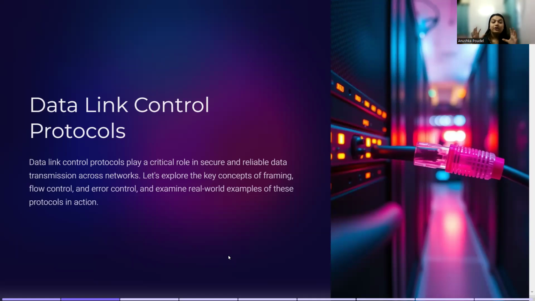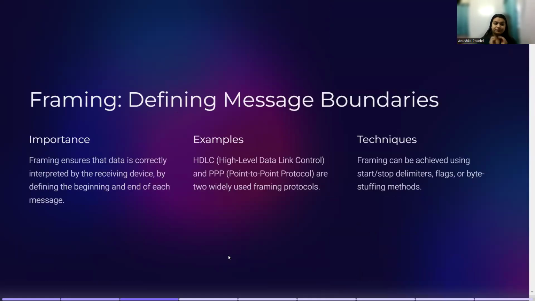So this is a protocol. Now, what is a data link protocol? It plays a critical role to ensure that the data transmitted across the network is reliable. Let's explore the key concepts of framing, flow control, error control, and examine real-world examples of the protocol in action.